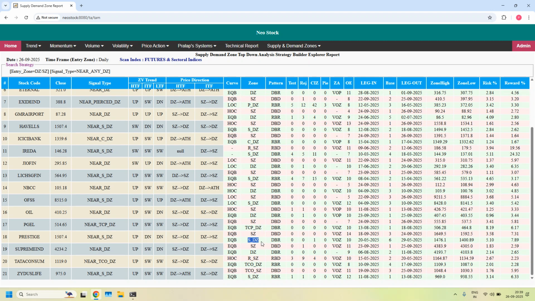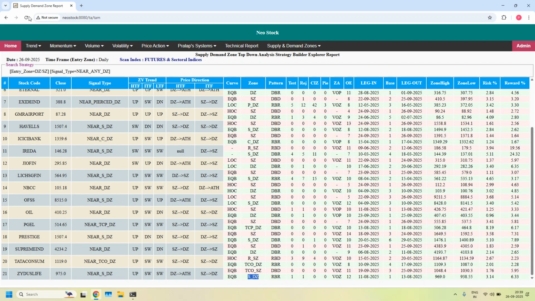Prestige is having a daily high liquidity demand zone. And the last one, Zydus Life, is having a daily high liquidity demand zone. So total 9 daily high liquidity demand zones we identified from this list. High priority, high liquidity demand zones.